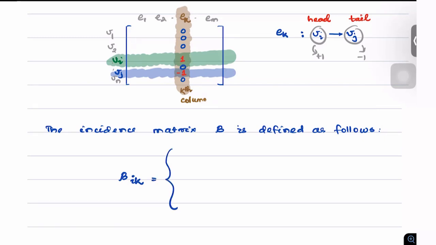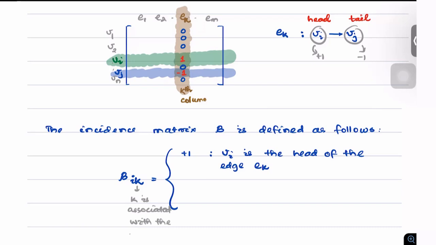What does it look like? It is equal to +1 if Vi is the head of the edge Ek. Because here remember that k represents the column. So k is associated with the edge Ek.